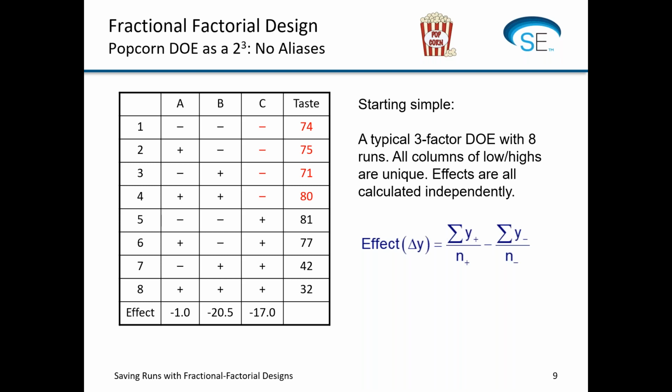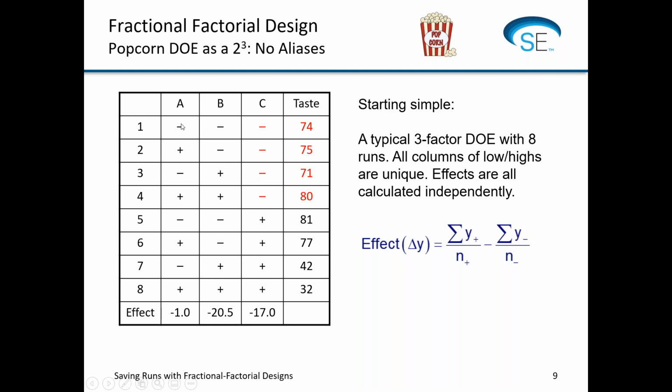Usually when you look at your run chart, it's going to be randomized, and randomized is best. But for the process of talking about aliasing, we're going to keep our matrix in standard order, which means that there is a specific pattern here, because then we can talk about how we use these patterns under the covers in how the software is doing calculations.